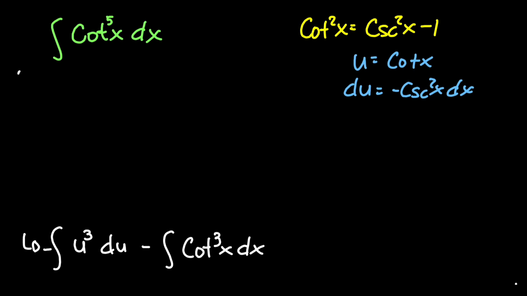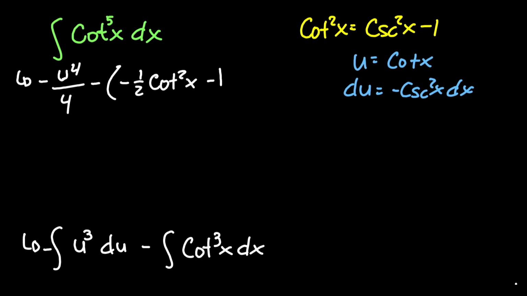And so the integral of u cubed is u to the power of 4 over 4, minus the integral of cotangent cubed of x. This would be negative 1/2 cotangent squared of x minus the natural log of sine of x plus c.